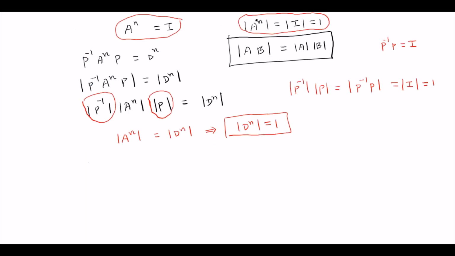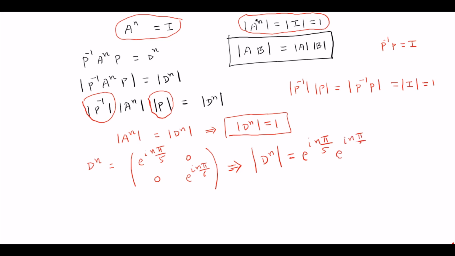Since D^n is diag(e^(i n pi/5), e^(i n pi/6)), whose determinant is the product of the eigenvalues. So e^(i n pi/5) into e^(i n pi/6). The base is the same, so you can add the powers.